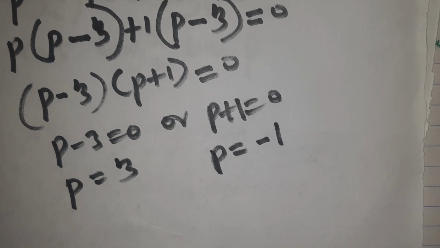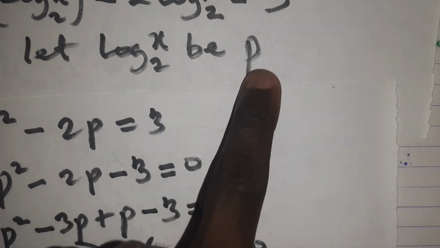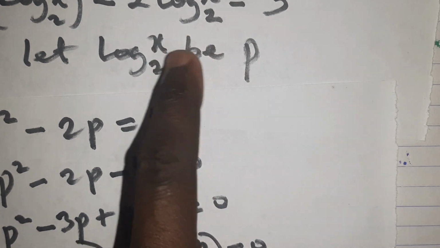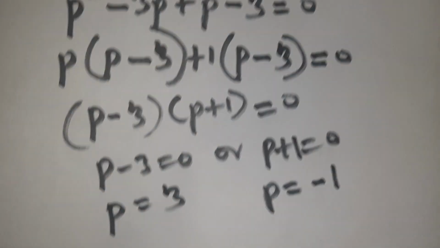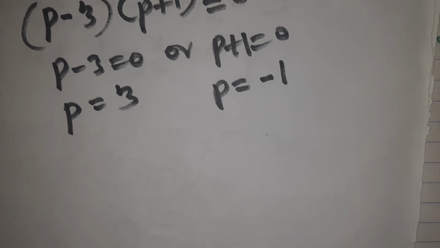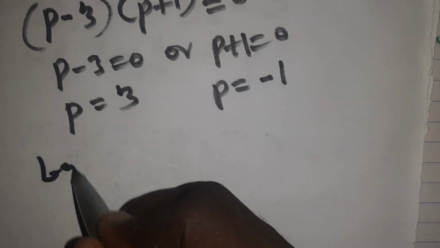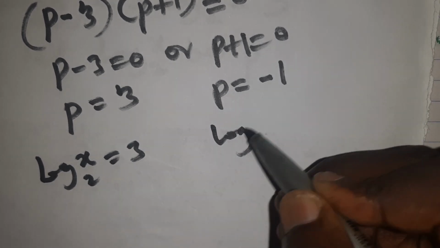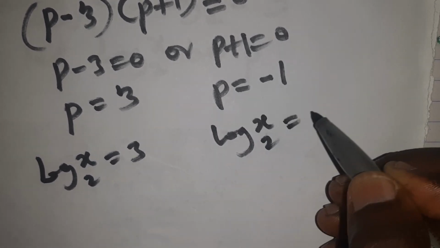But remember that at the initial stage, we made log x base 2 to be p. So we are bringing this back. For p, I'm going to replace the p now with log x base 2. So replacing p here, log x base 2 equals 3, and also here log x base 2 equals minus 1.